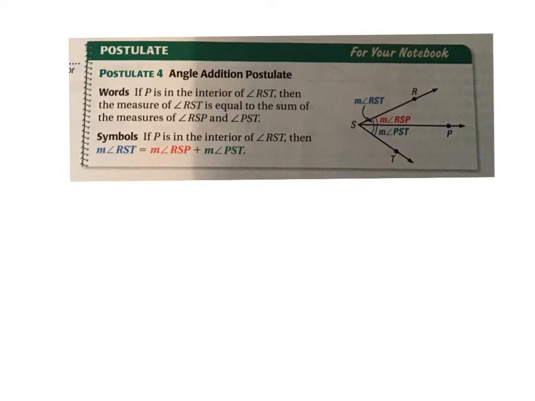It tells you that if P is in the interior of angle RST, then the measure of RST is equal to the sum of RSP and PST. So essentially they're telling you if you have an angle that's bisecting this, the two angles added together add up to the outer angle. Surely that makes a little common sense to you guys. This one plus this one adds up to be the big one. Okay, so let's practice this.